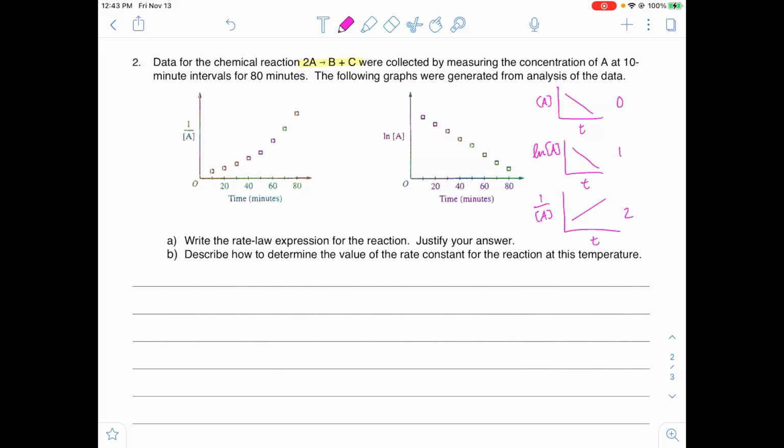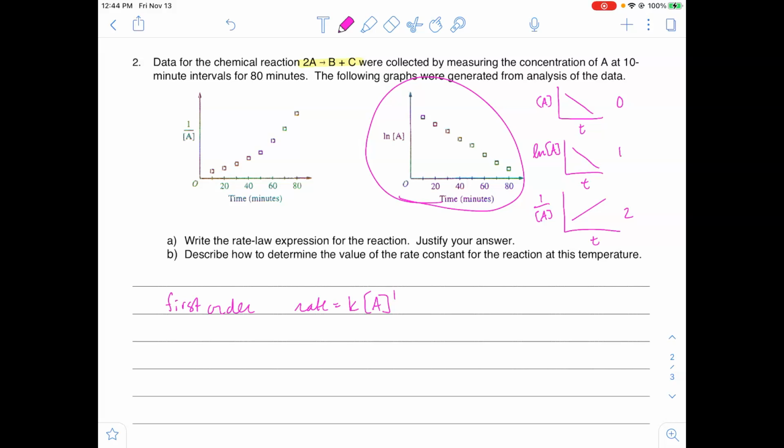So it's our natural log of A versus time with a negative slope of a straight line that matches our data. So we have that here. So that graph tells us that this is a first order reaction. And our rate law would be rate equals k times the concentration of A raised to the 1.